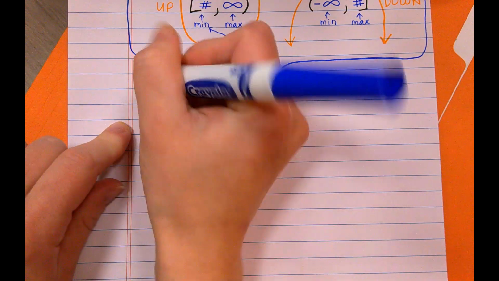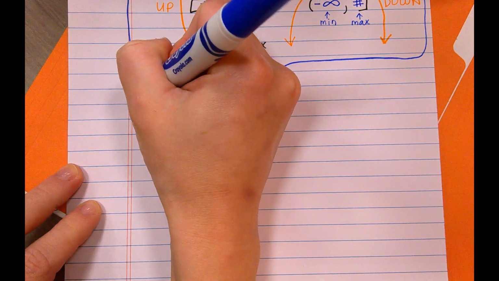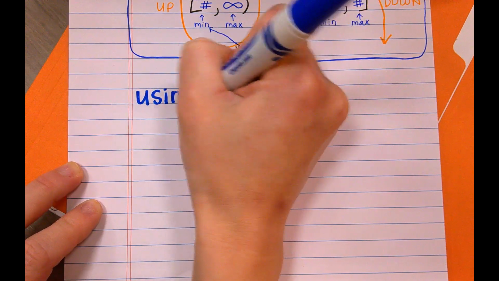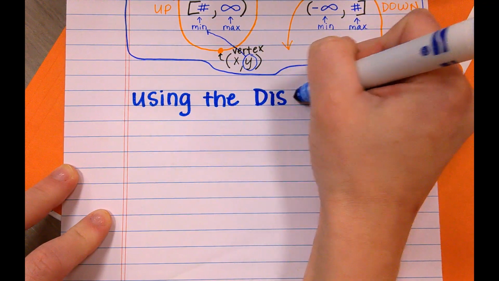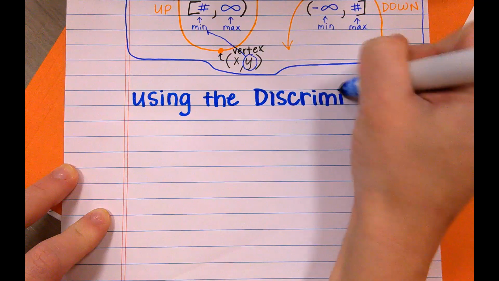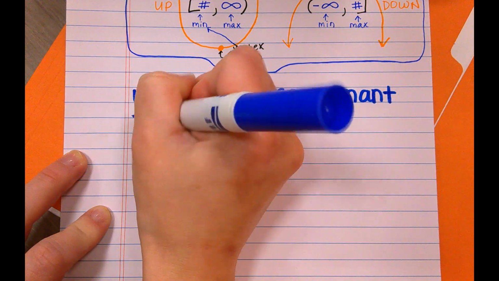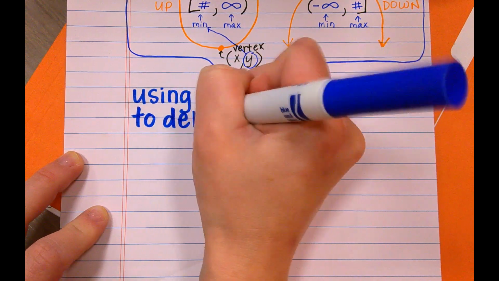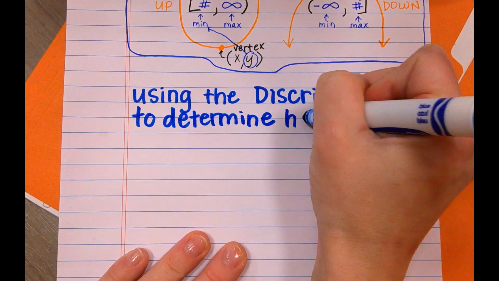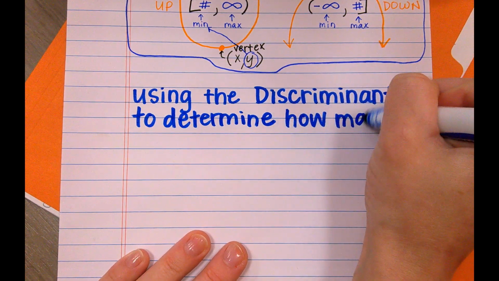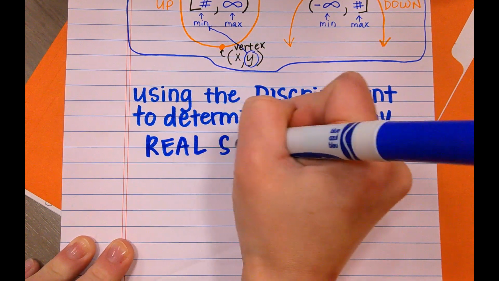So we're going to make a note below this that says: using the discriminant to determine how many real solutions.